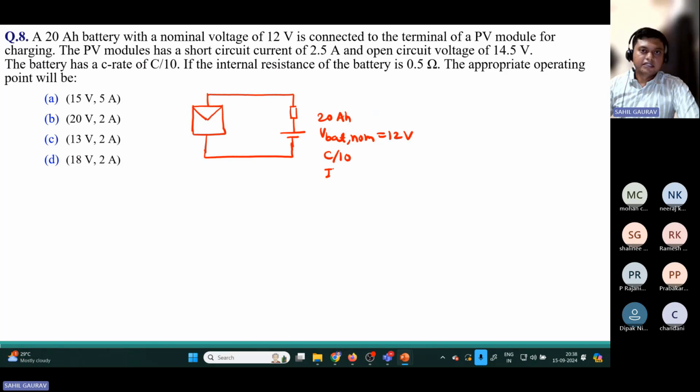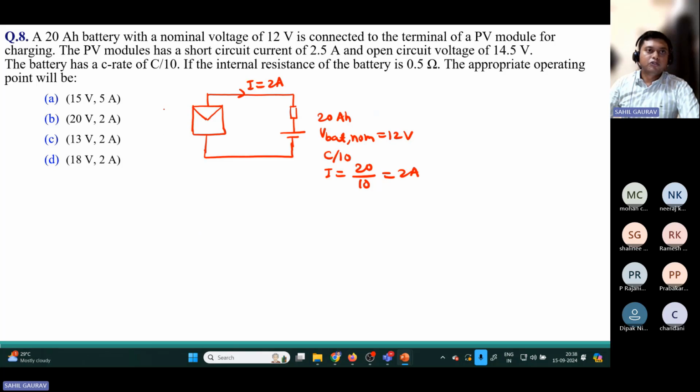So this charging current will be 20 ampere hour upon 10, so it will be 2 ampere.